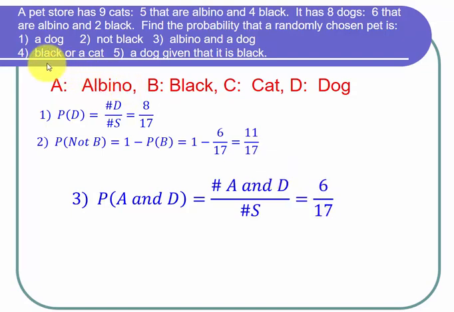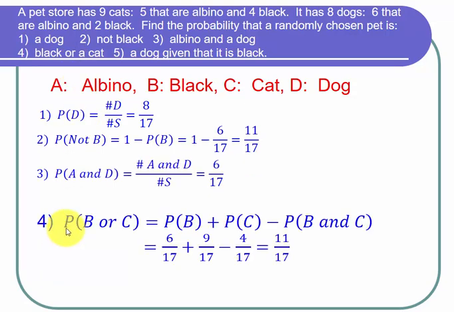So now let's move on to question number 4. And that is find the probability it's black or a cat. So when we have an or, there's a formula we can use for or statements. And that is the probability of B or C, black or cat, is equal to the probability of B plus the probability of C minus the probability of B and C. Now we just start computing.